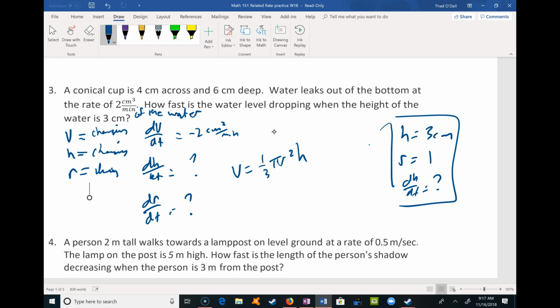I know r, I know h. I don't know dh/dt, but that's fine, that's what I'm looking for. I know dV/dt, but I don't know dr/dt. So if I take the derivative right now, it's going to produce dr/dt, and I won't be able to solve for dh/dt, because I'll have 2 unknowns, and I can't solve the question with 2 unknowns. Okay?